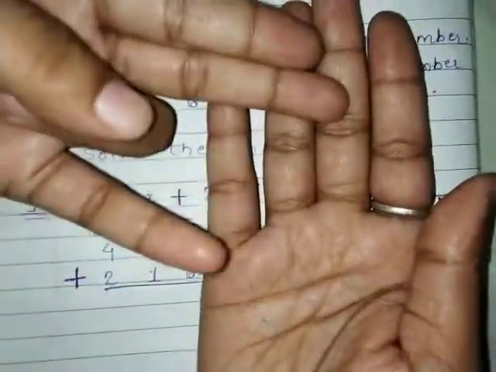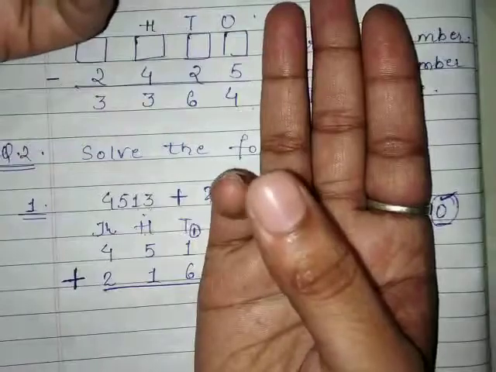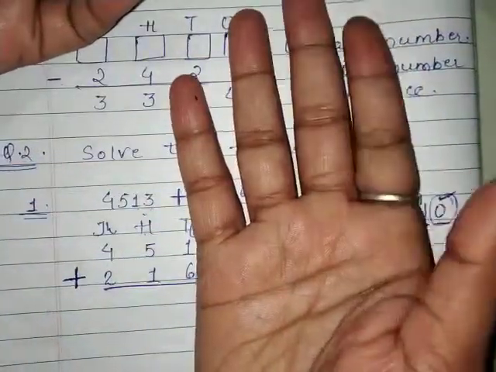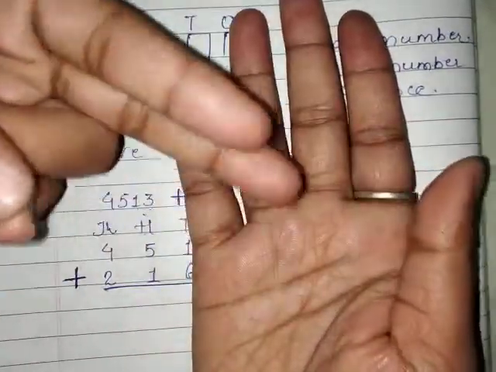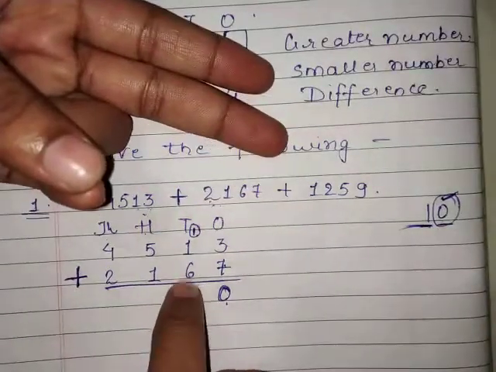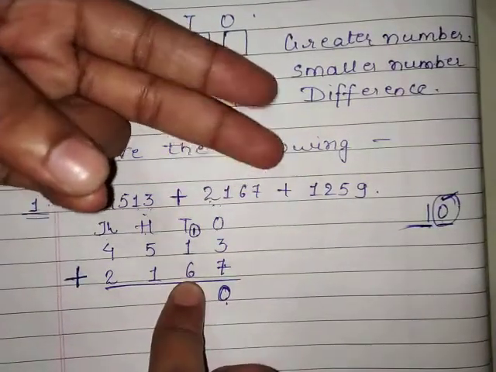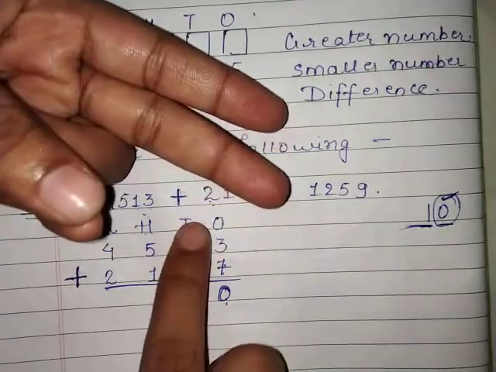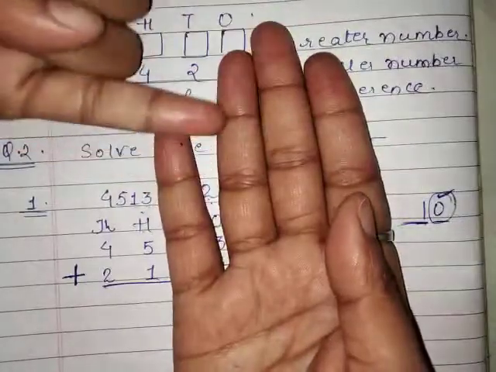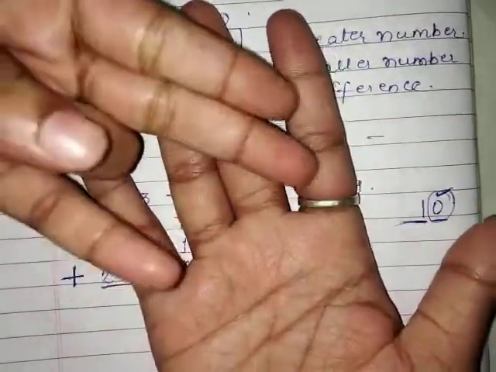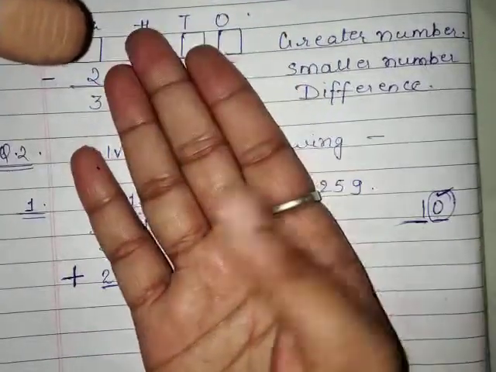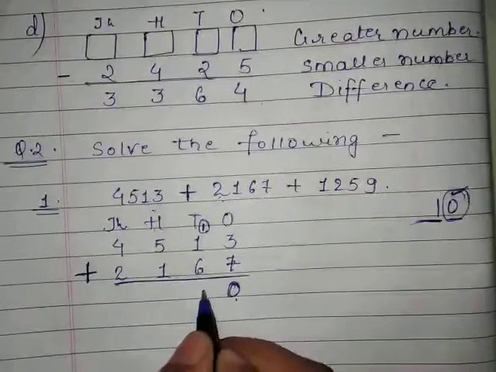After 2, we have to count up to 6 fingers: 3, 4, 5, 6, 7, 8. So 2 plus 6 is 8.